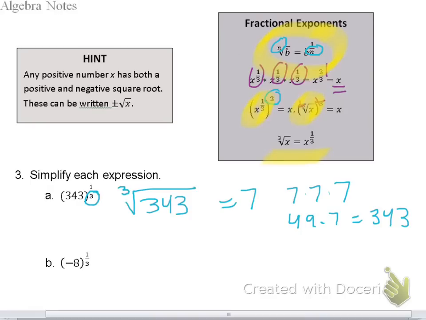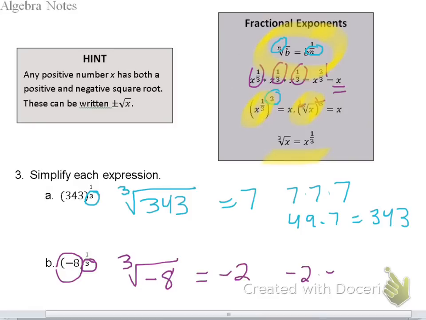The next example, we look at the denominator again of the fraction, and we make that the index of the root, and then we take the number that was being held to that 1/3 power and put it as the radicand. So I happen to know that the cube root of positive 8 is 2. So this is probably going to be a negative 2, so that it will give me a negative 8.